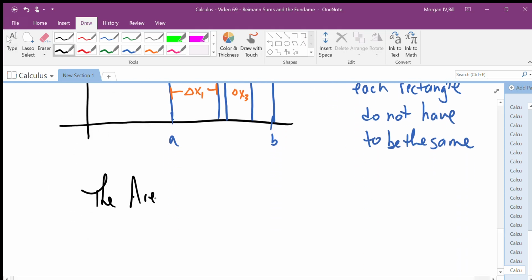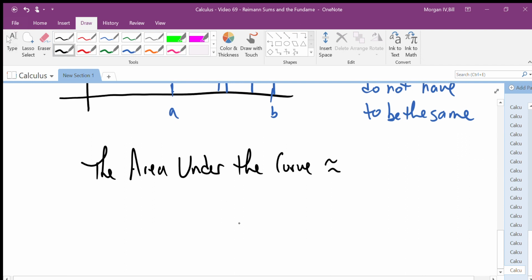The area under the curve is approximately equal to the sum from i equals 1 to n of not just delta x, but delta x i, meaning this is the first delta x, the second delta x, the third delta x, times f of c i.